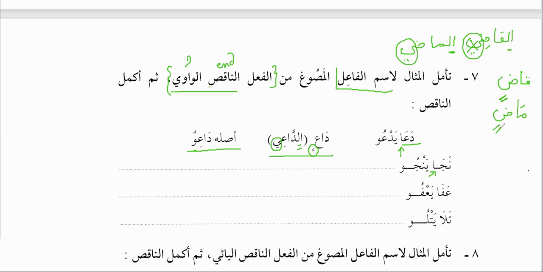So the kasra remains, and due to its becoming a nakira, it will accept the tanween kasra. So that's how this structure comes in, and these types of noun are called ism manqus.